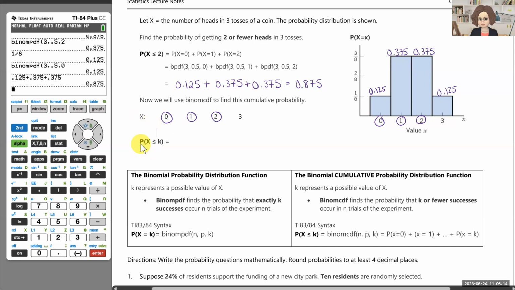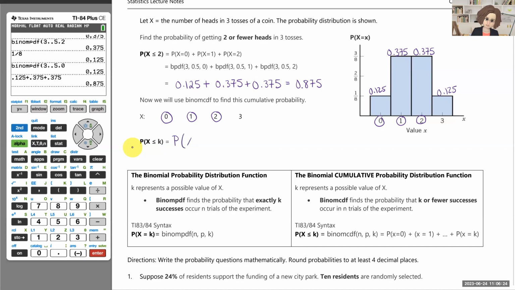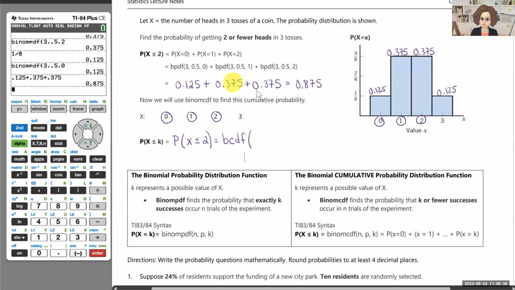So anytime we want to find a probability where X is less than or equal to some value K, so in our example, the probability that X is less than or equal to 2, this function that I'll abbreviate a little bit, binomcdf, will take care of adding up those individual probabilities for you.